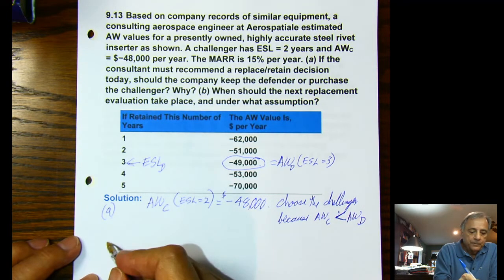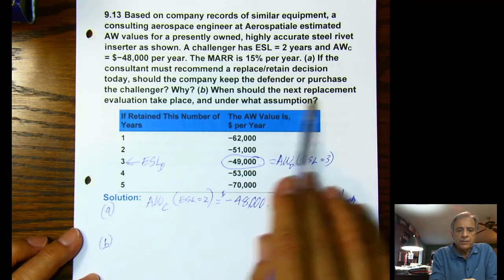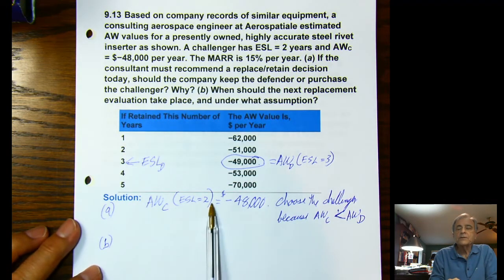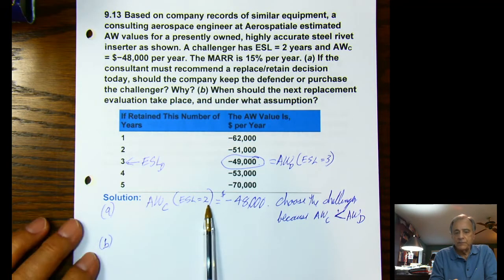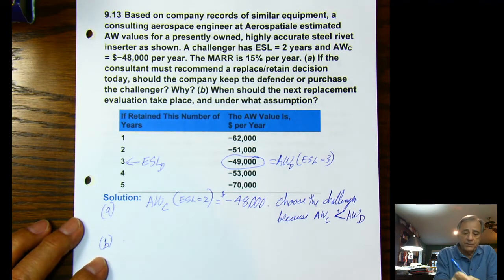Part B says, when should the next replacement evaluation take place? Well, remember, the Challenger has an economic service life of 2 years, so I would say 2 years from now. And under what assumptions?